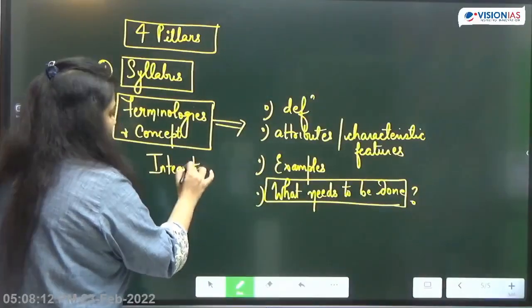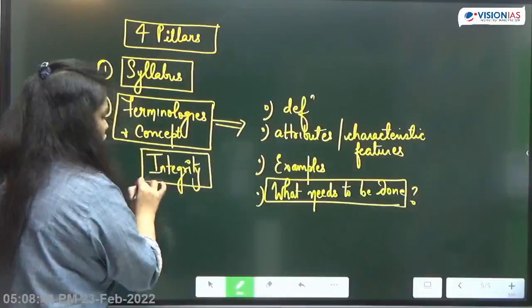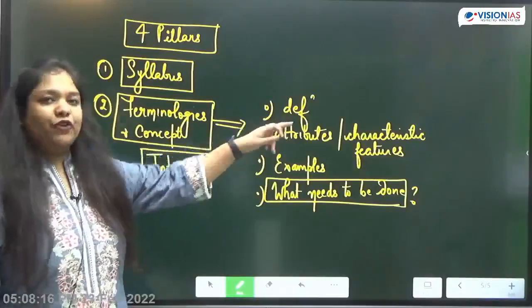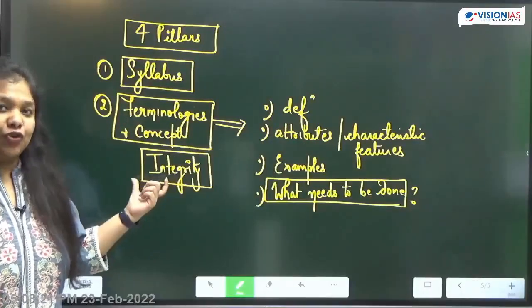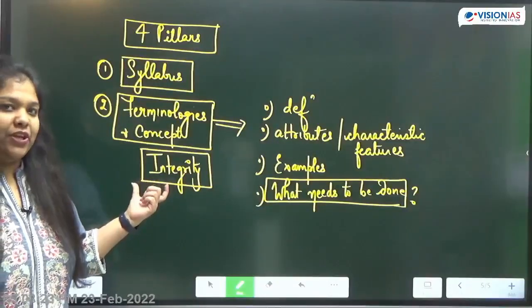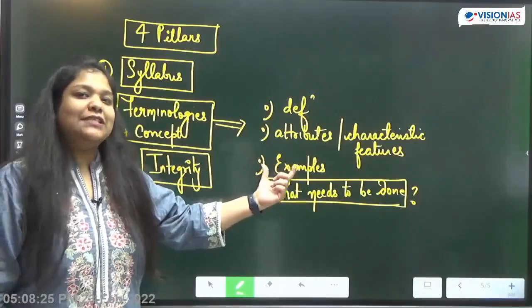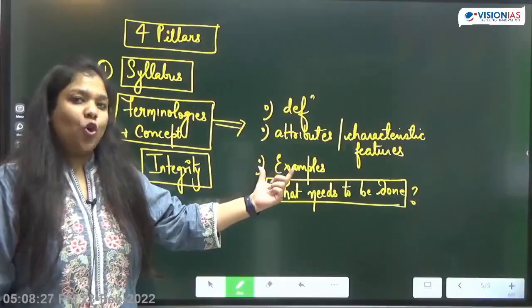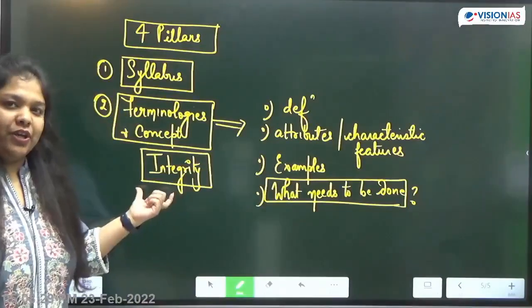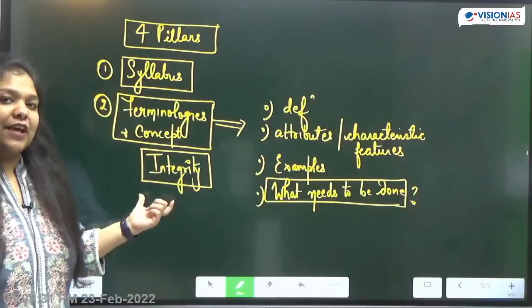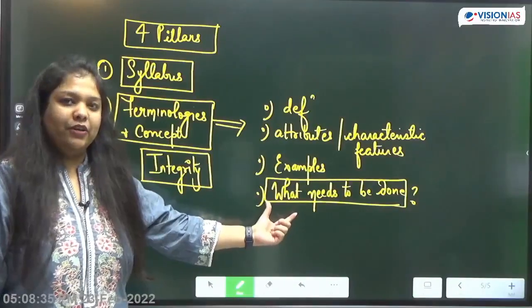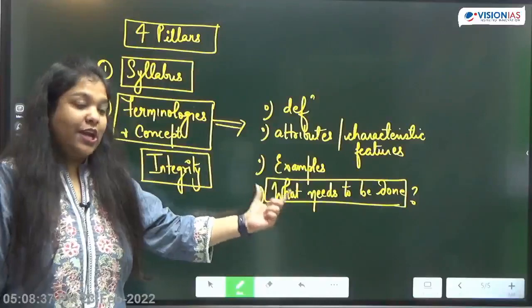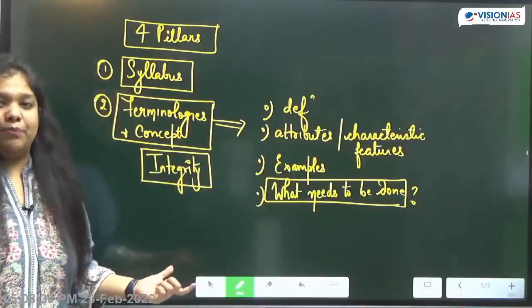You will prepare what is the definition of integrity, what are the characteristic features or the attributes of a person with integrity. Can you give examples from various walks of life with respect to integrity? And if it is a desirable trait, how to develop this value of integrity? Did you get my point, what I'm trying to say? This is what is known as holistic preparation.